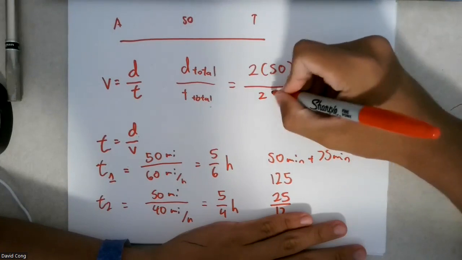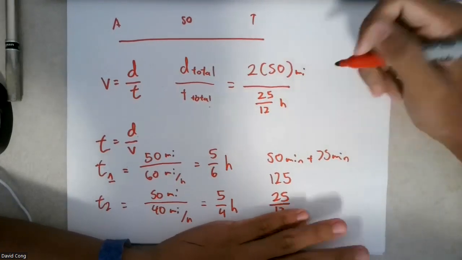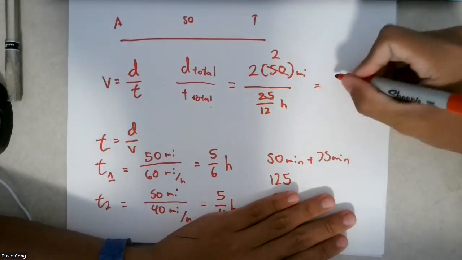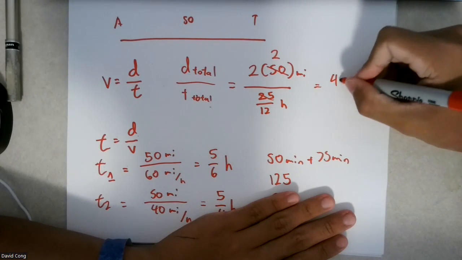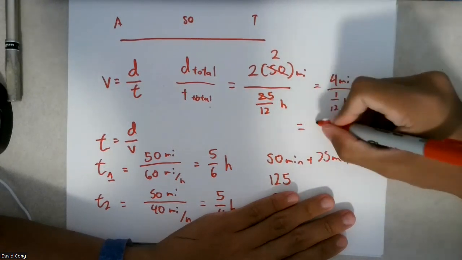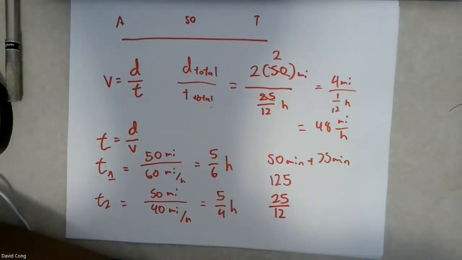So if we do total distance over total time, 100 miles over 25 twelfths hour, we cancel the 25 and get 4 miles over 1/12 hours, which equals 48 miles per hour. So the final average is 48 miles per hour.